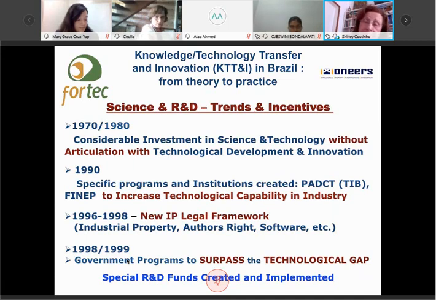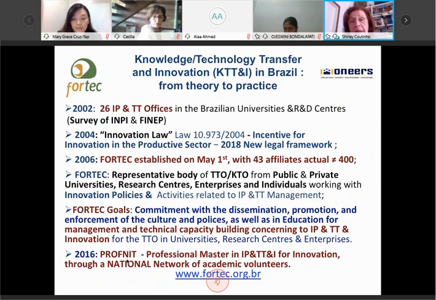The innovation law was one of the most important turning points that we had.